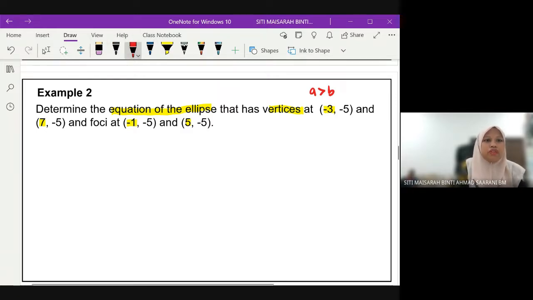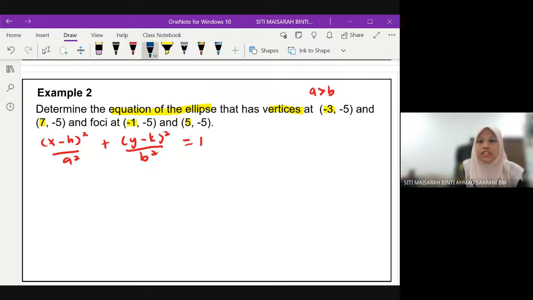So equation of ellipse is X minus H square over A square plus Y minus K square over B square is equal to 1. So then center kita tak ada, tapi kita ada V1 dengan V2.